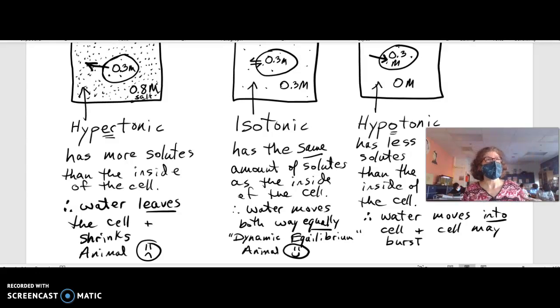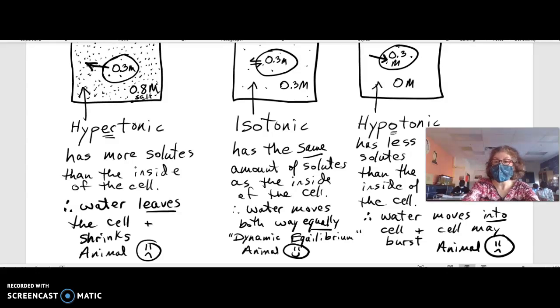Apoptosis is where the lysosomes inside a cell are programmed to kill the cell, right? That's a little bit different. This is just lysing and bursting because of environmental conditions, yes, which is an interesting connection that you made there. Okay, so may burst. Animals don't like this. This is not a happy place for animals, right?